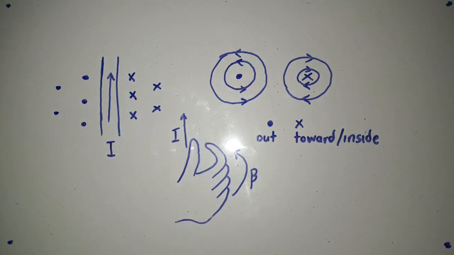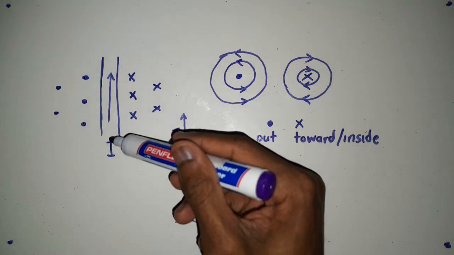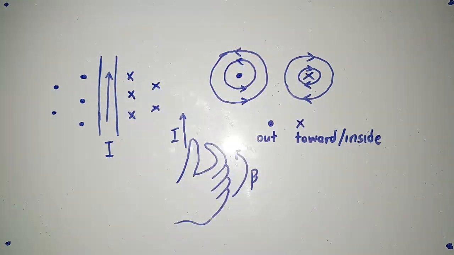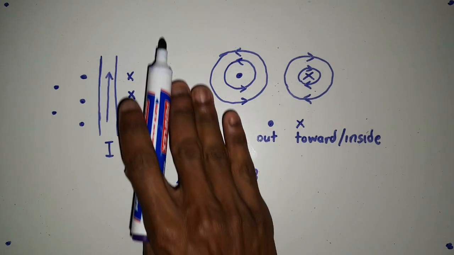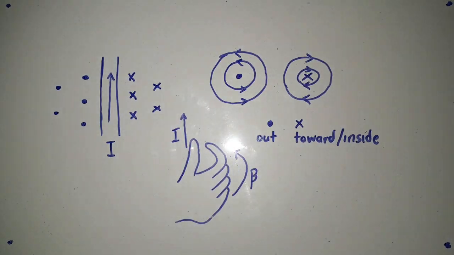On this one we have the side view, whereby the current is moving from downward to upward. I just wanted us to see the difference between the front view and the side view. I hope you got the idea.